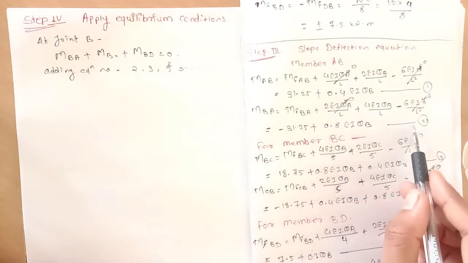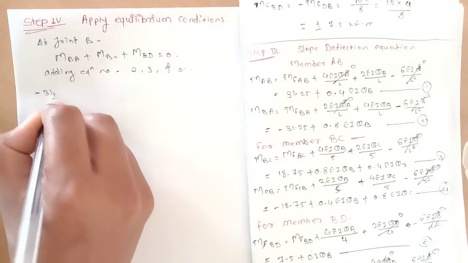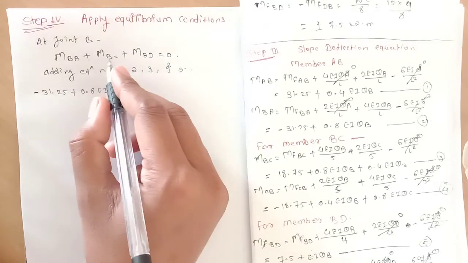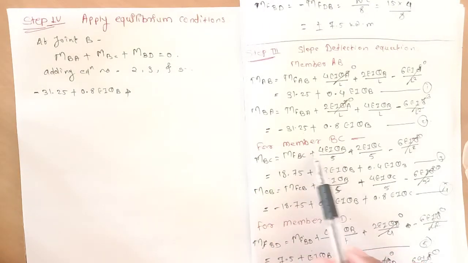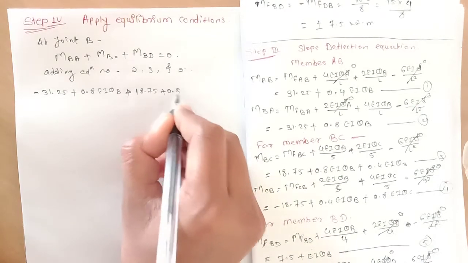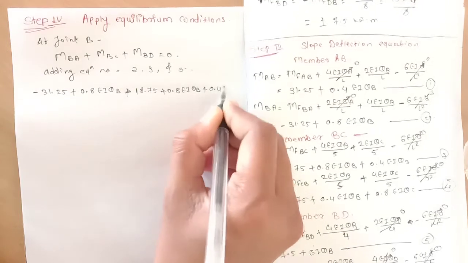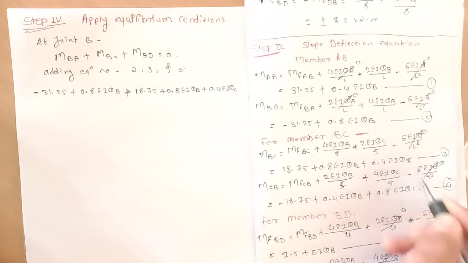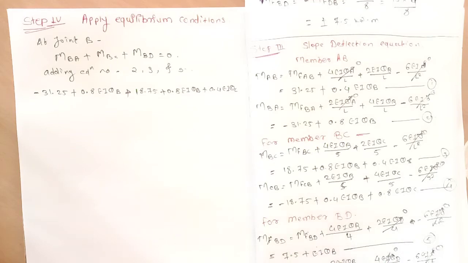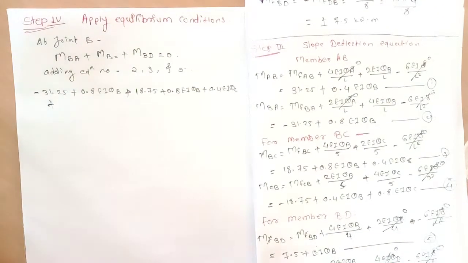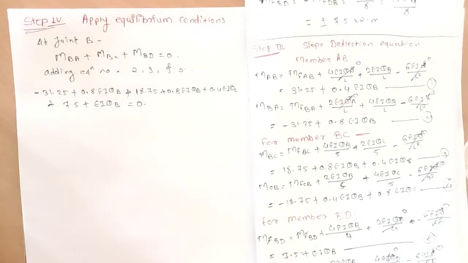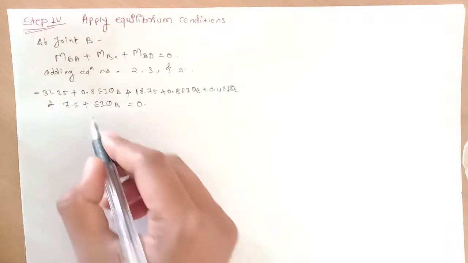You can see equation number second is minus 31.25 plus 0.8 EI theta B, then plus the third equation, the slope deflection equation at member BC, which is 18.75 plus 0.8 EI theta B plus 0.4 EI theta C. And then the fifth equation, the slope deflection equation at member BD, so plus 7.5 plus EI theta B is equal to 0. Then solve this equation.